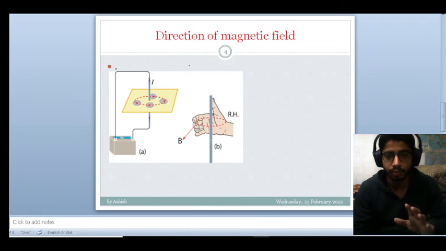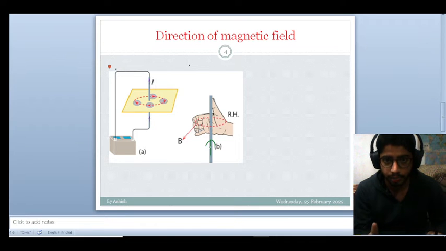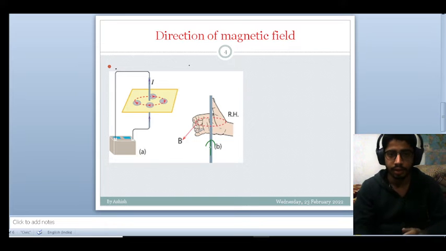What we are going to do is simply point your thumb in the direction of the current and curl your fingers. Here I have taken the current direction upward. Curl your fingers around the wire. This will give you the direction of the magnetic field. As simple as that.